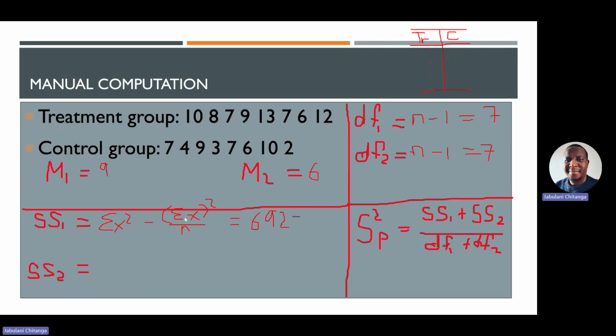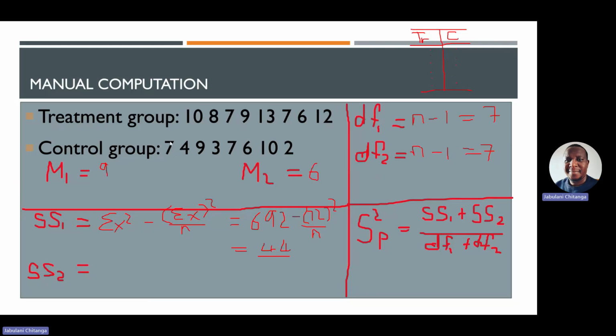Minus the sum of x. So we add 10 plus 8 plus 7 plus 9, and you get 72. We square that, divided by the number of scores in that distribution. Sorry, that's n. When you complete that, you get 44. That's SS for group 1. We do the same for the second group.